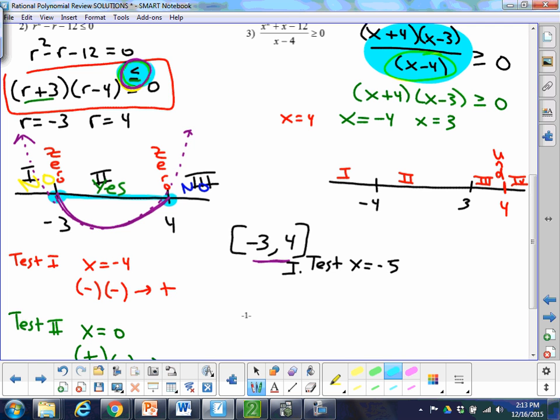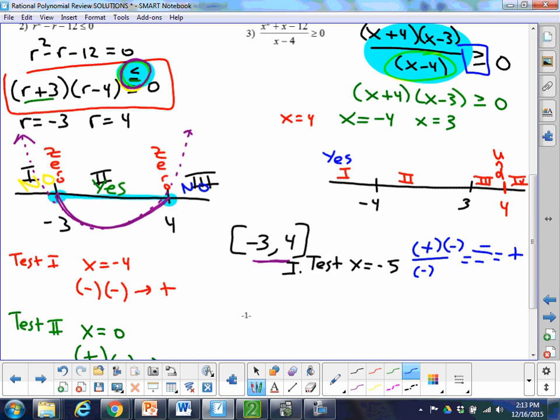If I plug negative 5 in, negative 5 plus 4 is a positive number. Negative 5 minus 3 is a negative, and negative 5 minus 4 is a negative. So that's what my factors would be as far as positives and negatives. That makes the top negative and the bottom negative, which makes the entire thing positive. And in this case, that is what we were looking for. So interval 1 would work here.